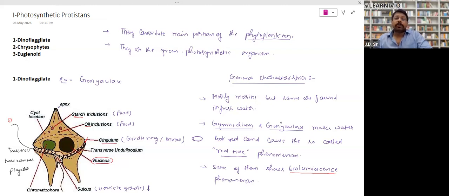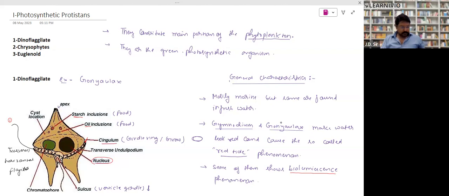If the color of water is blue, it means it has blue-green algae. That's how it gets the blue effect. That's how it has the green effect, right? So the color of water is decided by the microorganisms or basically the algae found in water. So the Red Sea looks red, and red tide means the appearance of water color red, right? It comes from the presence of these algae.